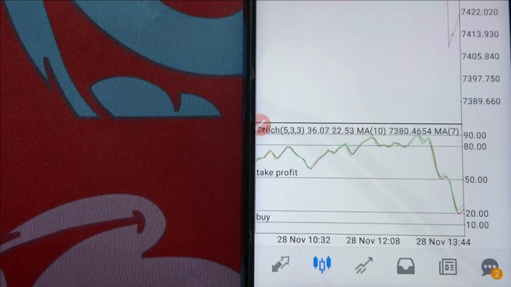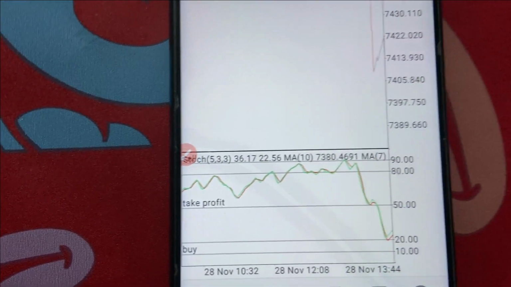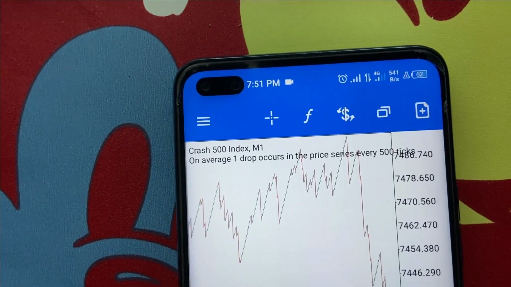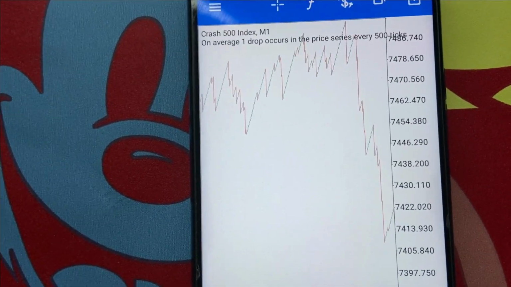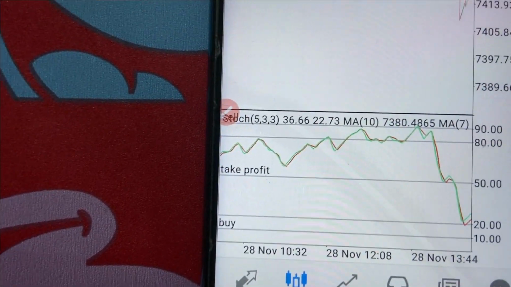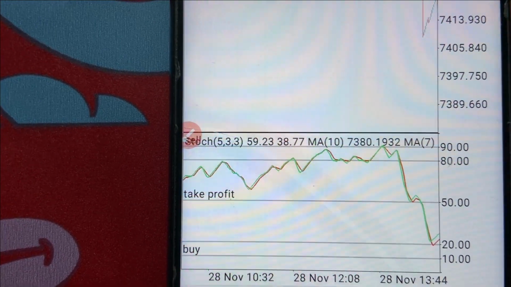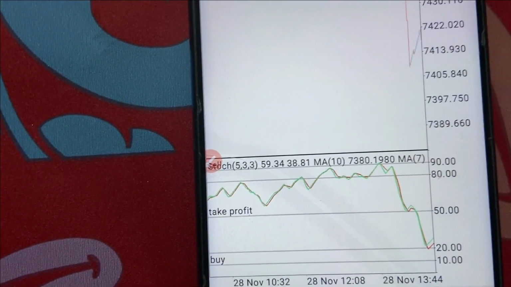Why is that so? As you can see right now, I talked about that this is Crash 500. So in this case, when using this strategy, you'll be buying instead of selling. Here's what happens. All you have to do is simply wait for the green and the red moving average to hit the 10 or 20 level, and then you buy.